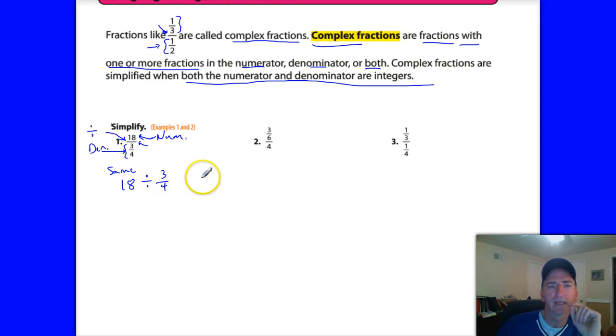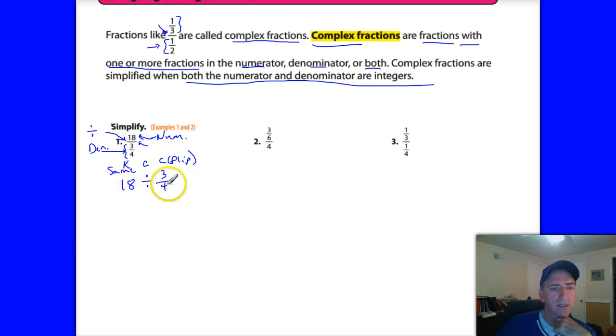That is just like the problems we did in the fraction unit. We have division of fractions. Do you remember what to do when we divided by fractions? Keep, change, change. That second change means flip, or some people say keep, change, flip.